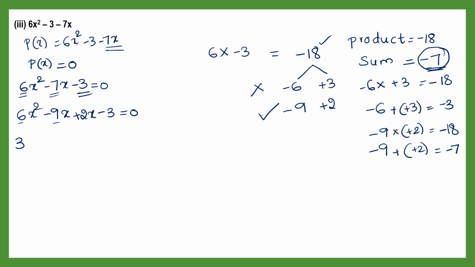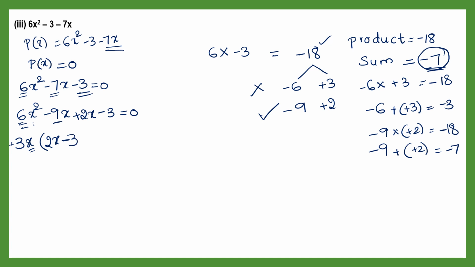From x square and x, x can be taken as common. 3 2s are 6. Outside it is x, here you have x square, so inside should be x. 3x into 2x is 6x square. Then here you have plus into minus is minus. 3 3s are 9.